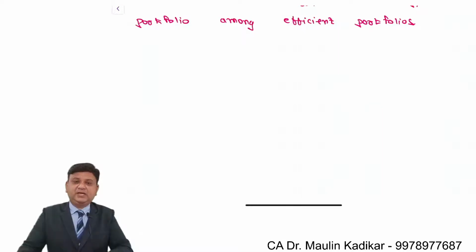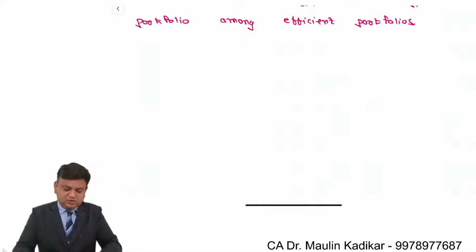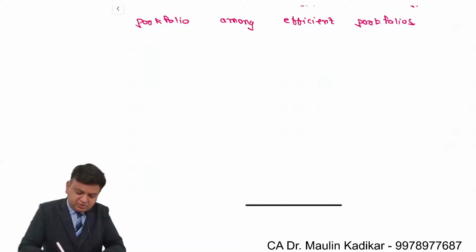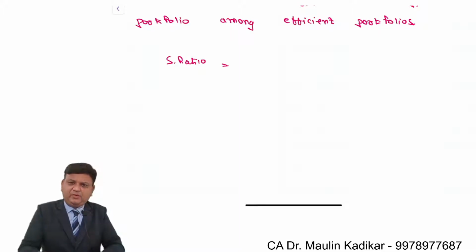Now let us see how to make the calculation and what is the logic of the same. Dear students, over here the Sharpe ratio is required to be found something like this. It is additional return divided by additional risk.